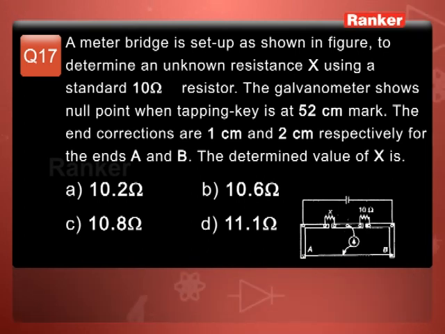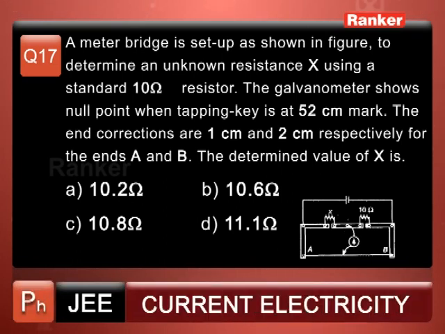The galvanometer shows null point when tapping key is at 52 centimeter mark. The end corrections are 1 centimeter and 2 centimeter respectively for the ends A and B. The determined value of X is how much?